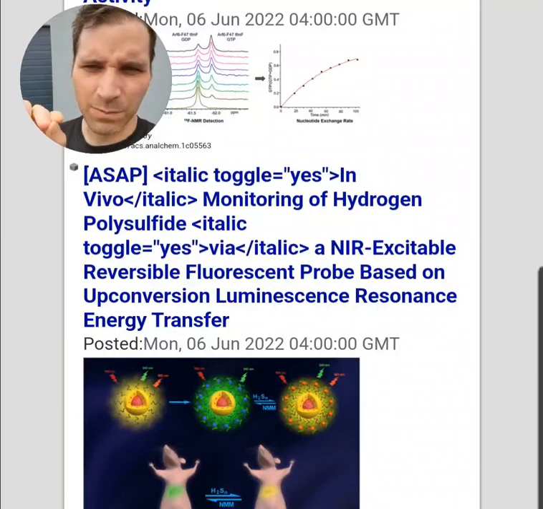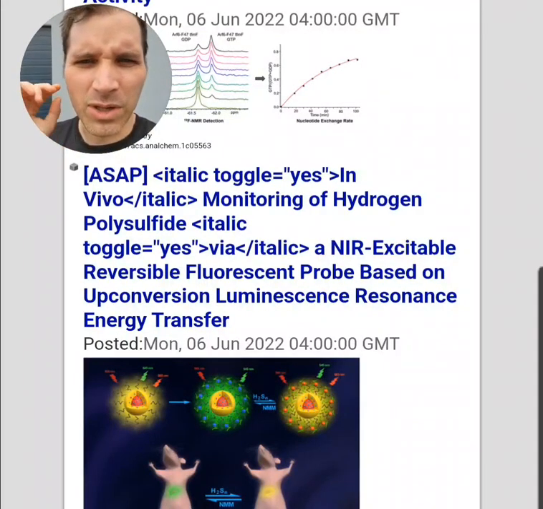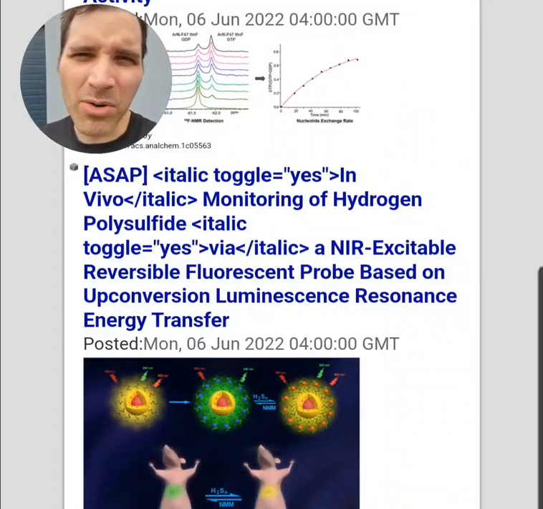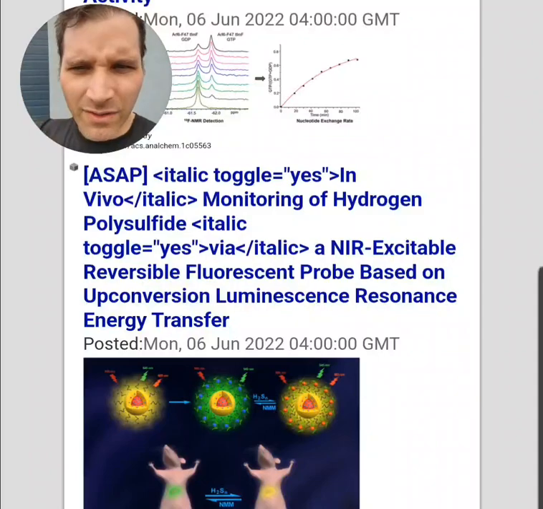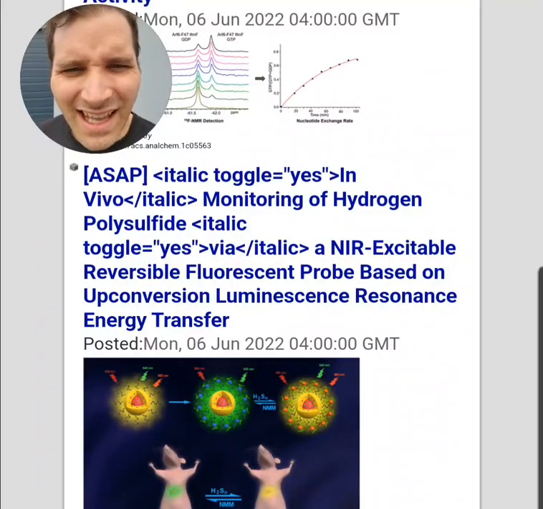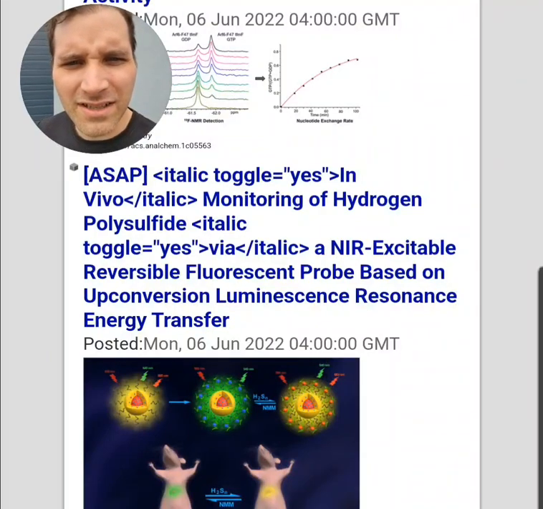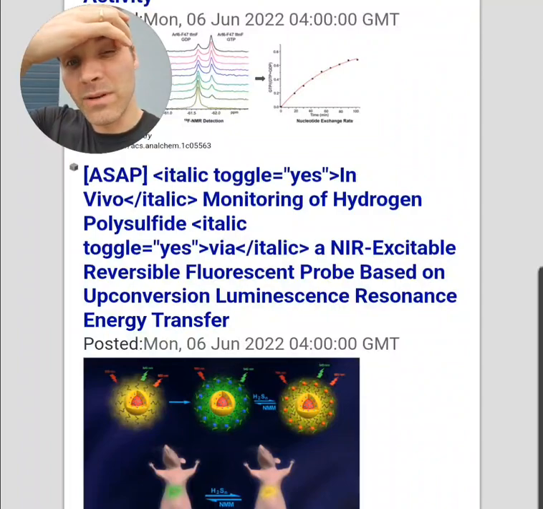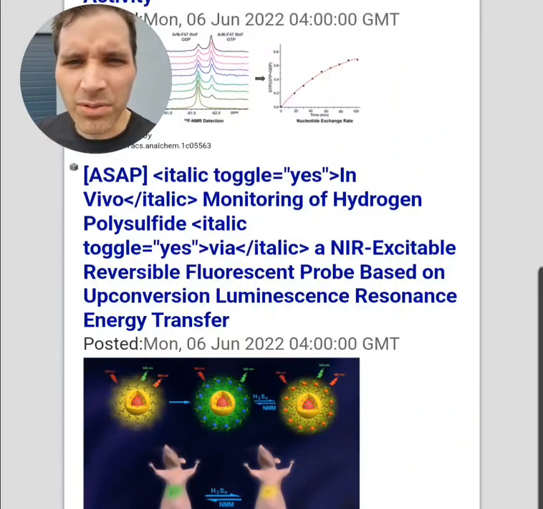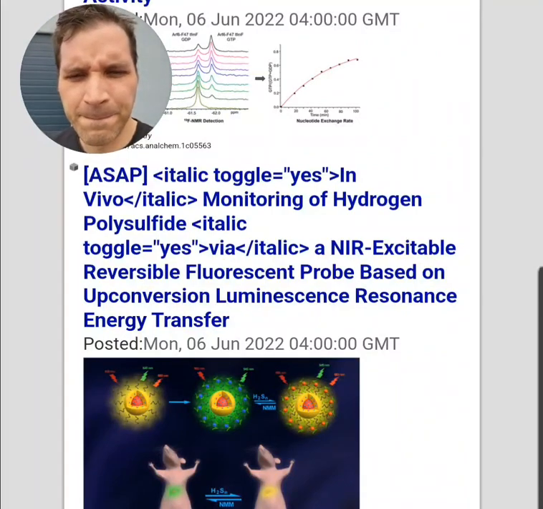So you can excite this probe using near-infrared, which probably makes it really amenable to in vivo monitoring, and then it will fluoresce. And the mechanism of that looks like it's upconversion luminescence resonance energy transfer. So they probably have like a fluorescent probe and then an energy transfer probe. Very cool. I need to look up though what hydrogen polysulfide is.